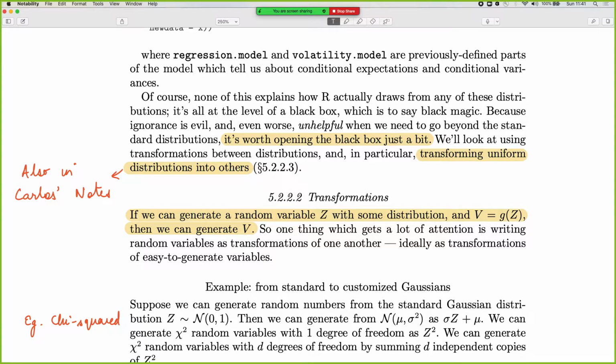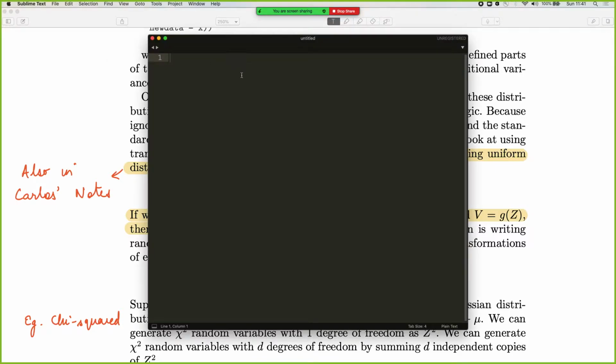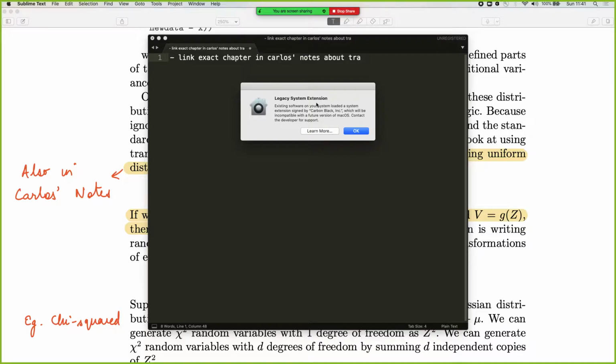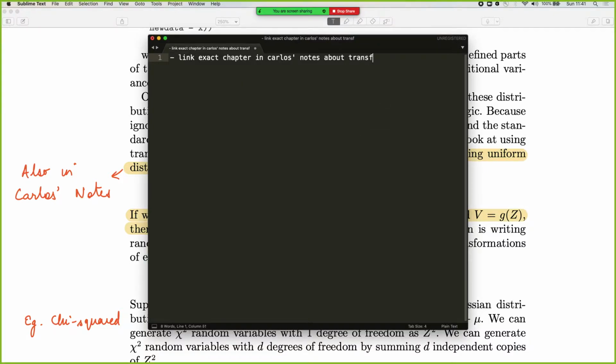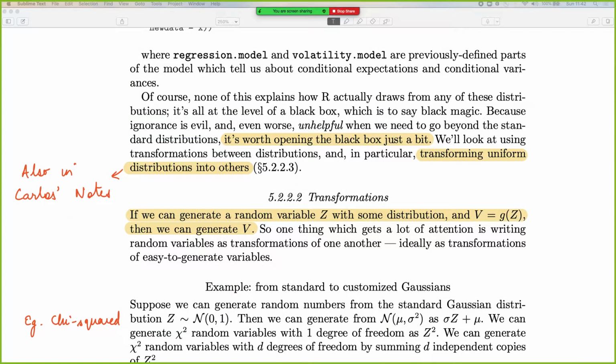Let's write that down to remind myself to do that. Okay, that's on the side.